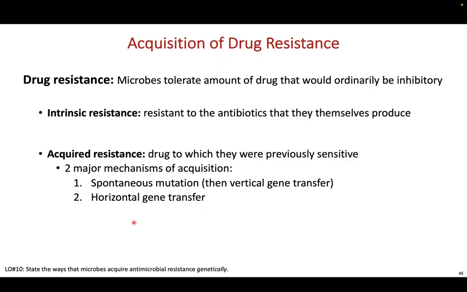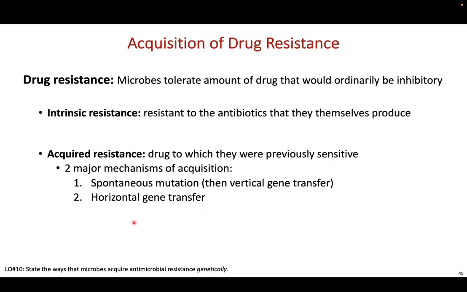And how do they develop this resistance? There are two modes. We have the intrinsic resistance, which is resistance to antibiotics that they themselves produce. Like we talked about in the discovery of penicillin, where the bacteria was using penicillin to kill streptococcus, other groups of microbes.